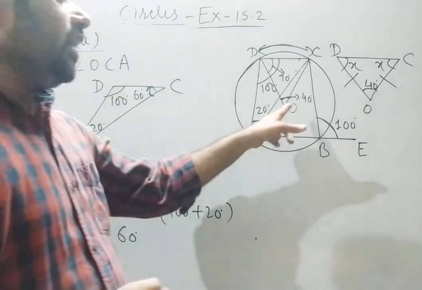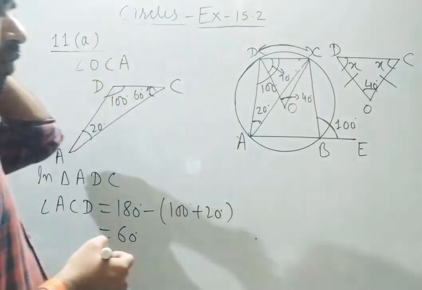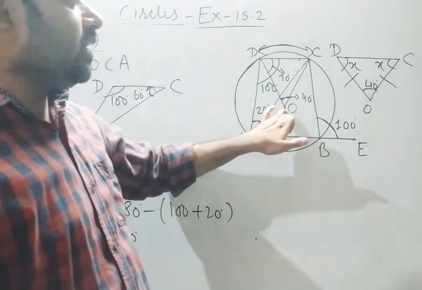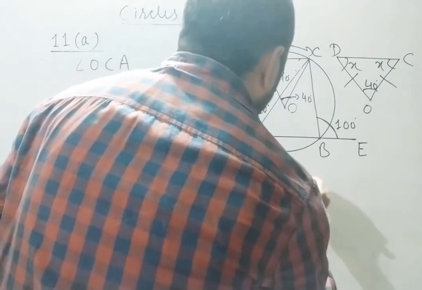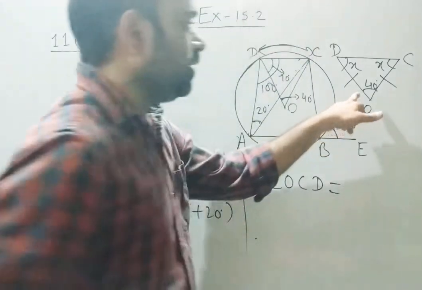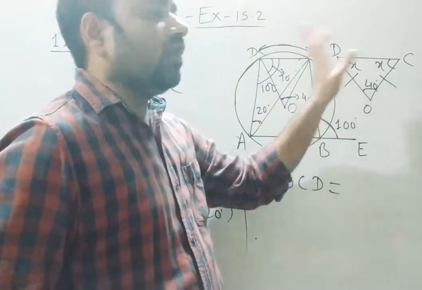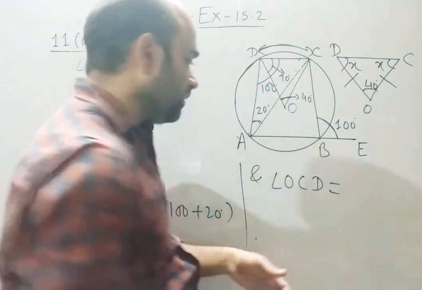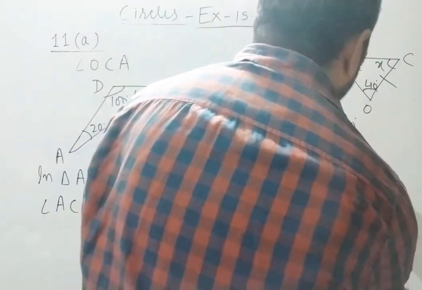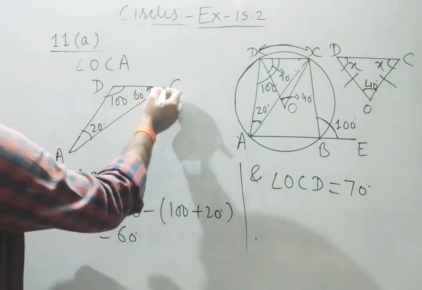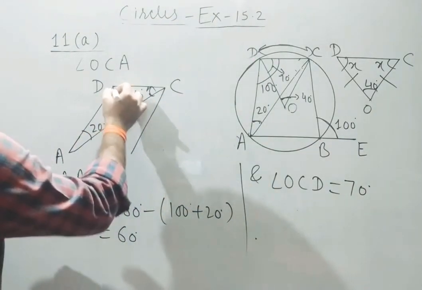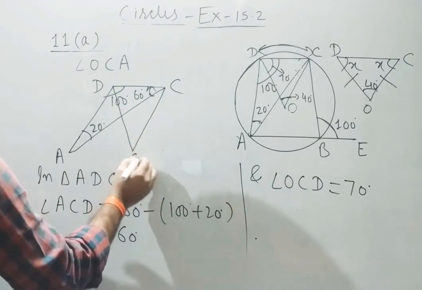Now we have to find angle OCA. We have also calculated the angle OCD just now. OCD was X, and X we have calculated as 70 degrees.